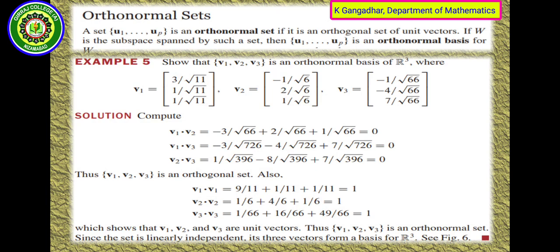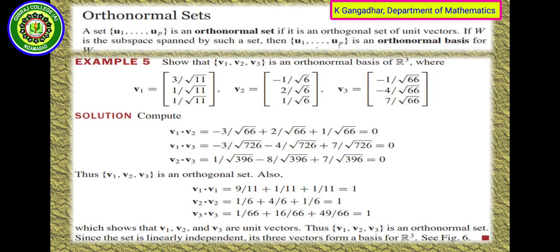Now the orthonormal set. A set u1, u2, and so on up to up is an orthonormal set if it is an orthogonal set of unit vectors.